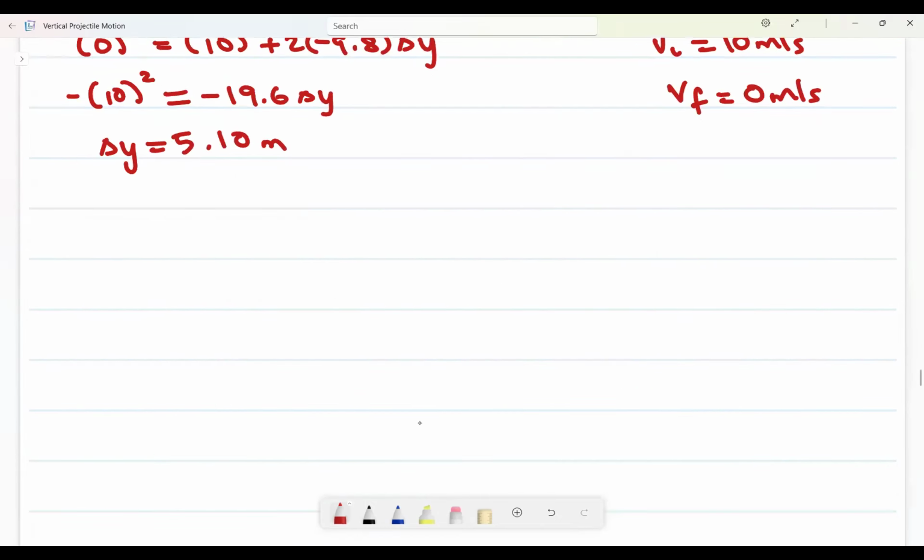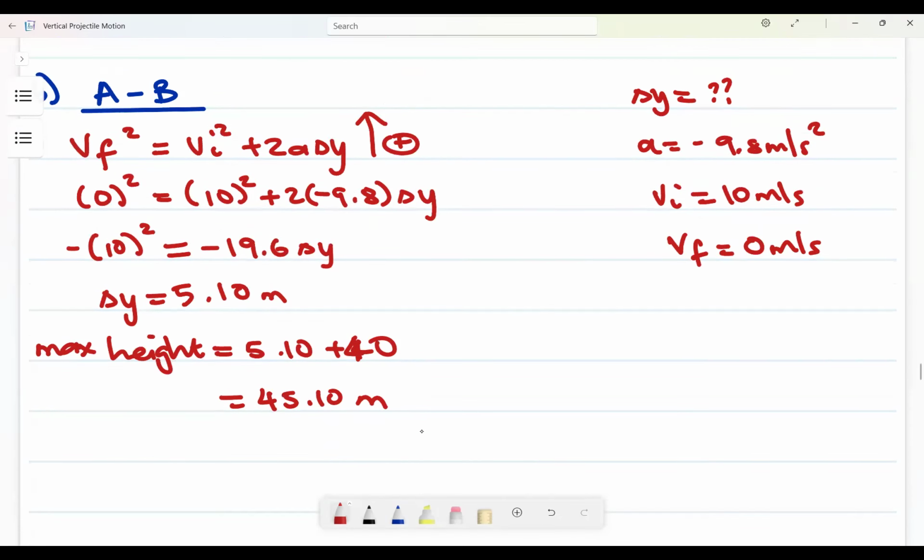So when I want H max, maximum height, I'm going to say this is 5.10 plus the 40 meters. Then it's going to give me 45.1 meters. So this is the maximum height reached, okay?